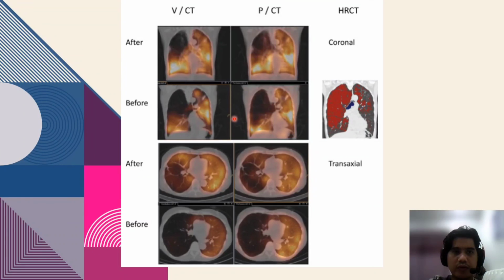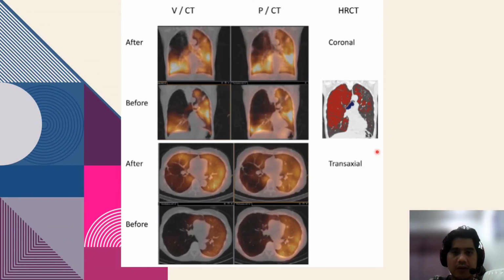After lung volume reduction surgery of the right upper lobe, ventilation and perfusion improve in the right lung, which is also less hyperinflated. You can see from here, this is before and then after.